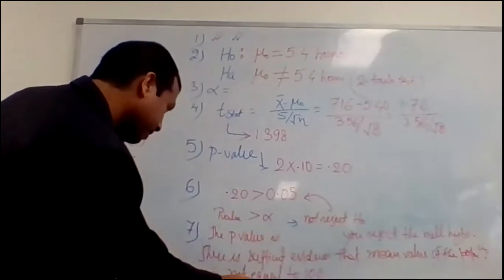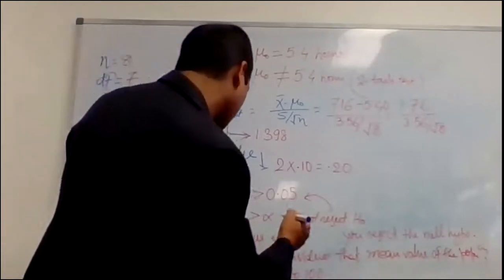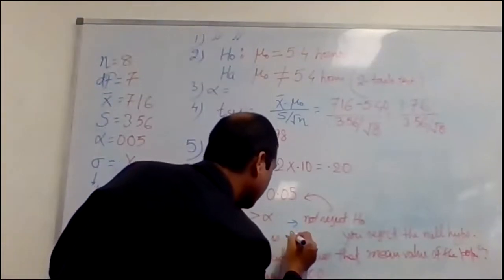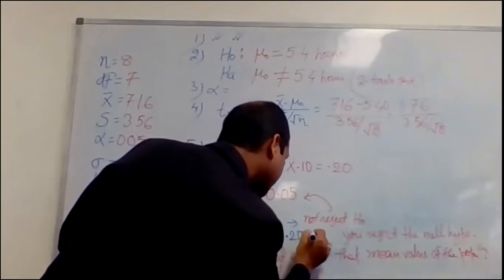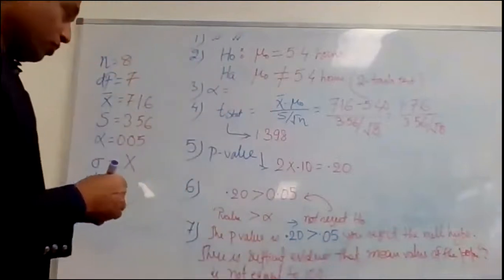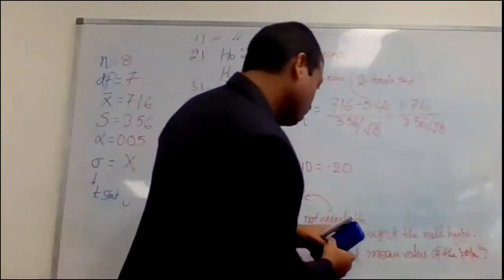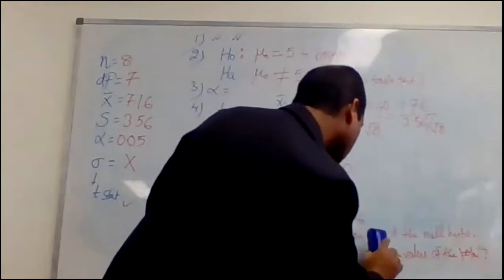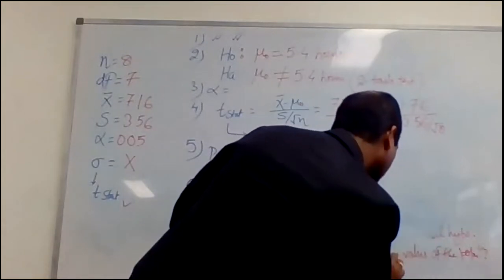So we write here the p-value 0.20 is greater than alpha value 0.05. So do you reject the null hypothesis? No, you should not reject the null hypothesis.